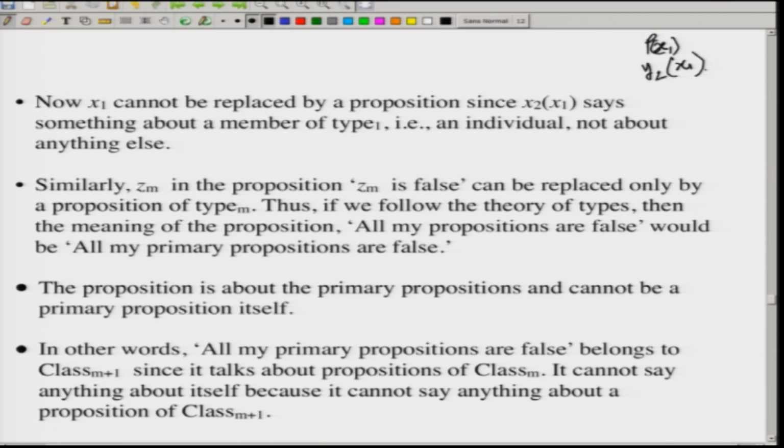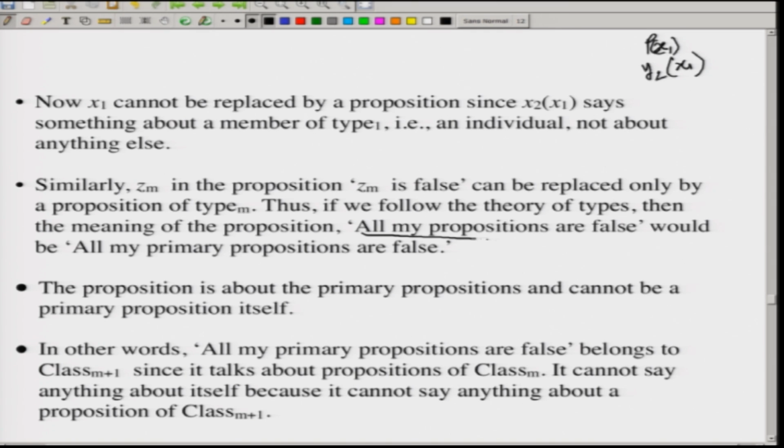Now, this x1 cannot be replaced by the proposition itself. Similarly, Z_M in the proposition "Z_M is false" can be replaced only by a proposition of type M. Thus, if we follow the theory of types, then the meaning of the proposition "all my propositions are false" would be "all my primary propositions are false."